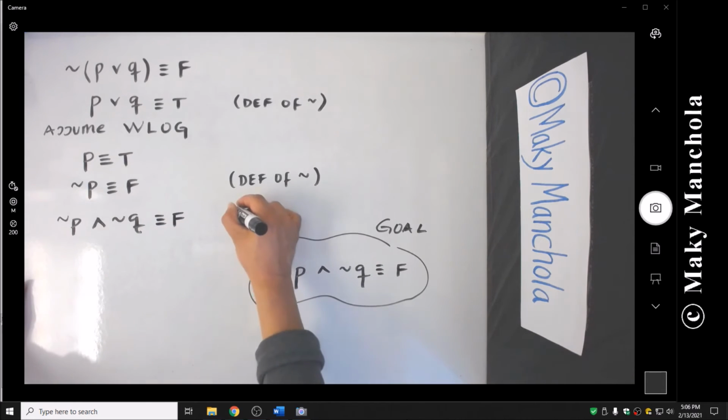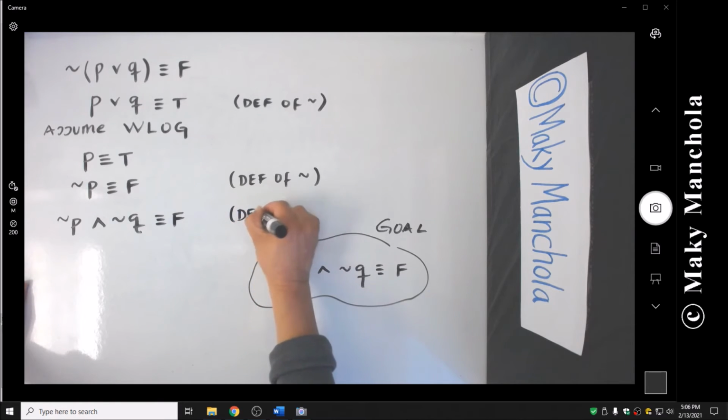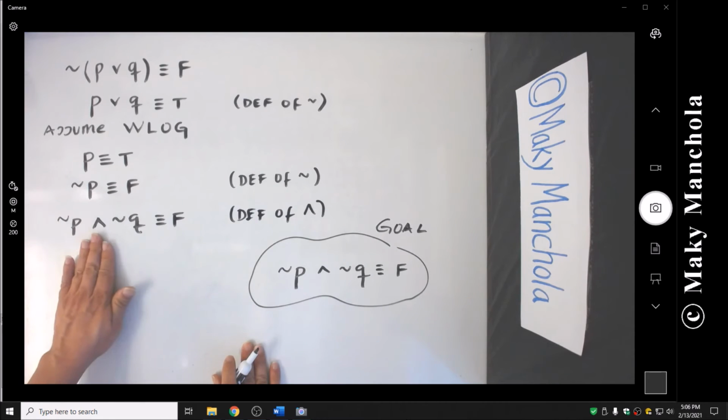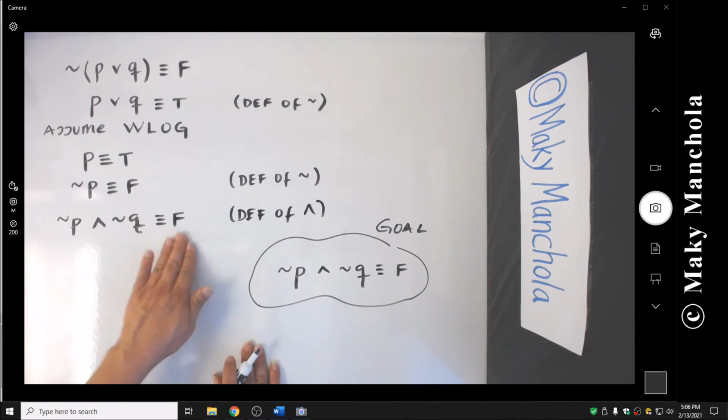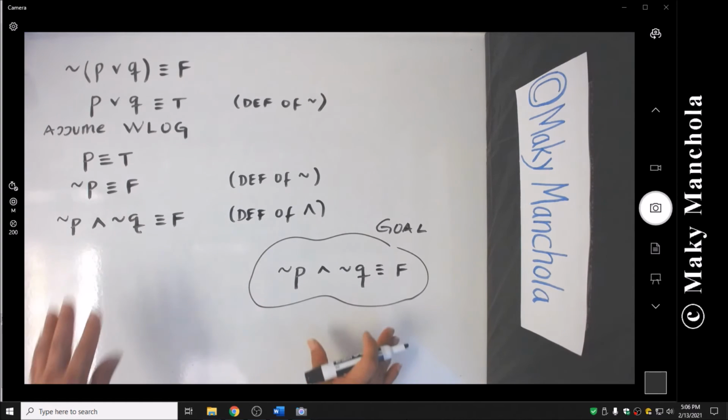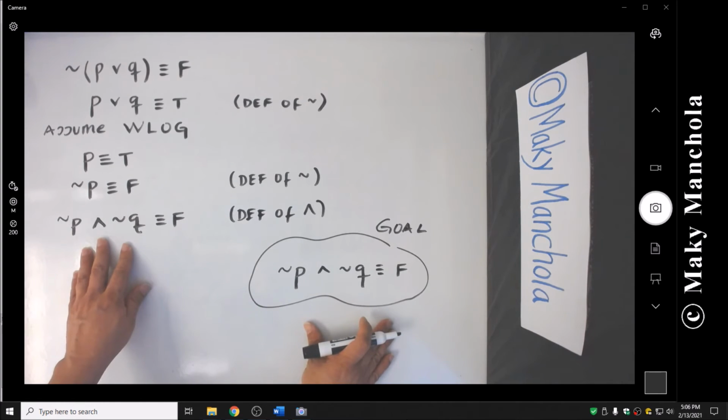So this happens to be the definition of AND. False and anything is still false. Okay, so this goal has been reached already.